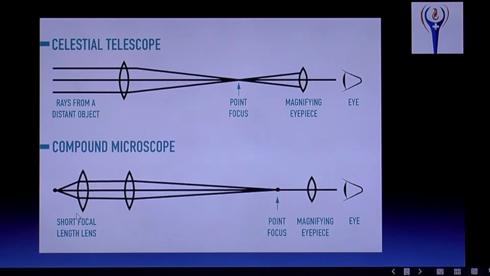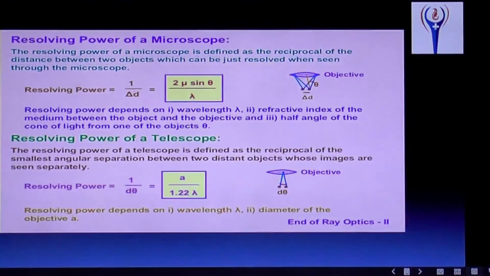One has a short focal length and focuses a point, then the magnifying eyepiece. So just this simple principle applies to the telescope and microscope. In a telescope, a distant object appears as a nearer one. In a microscope, a smaller object appears as a magnified one. Both are optical instruments.